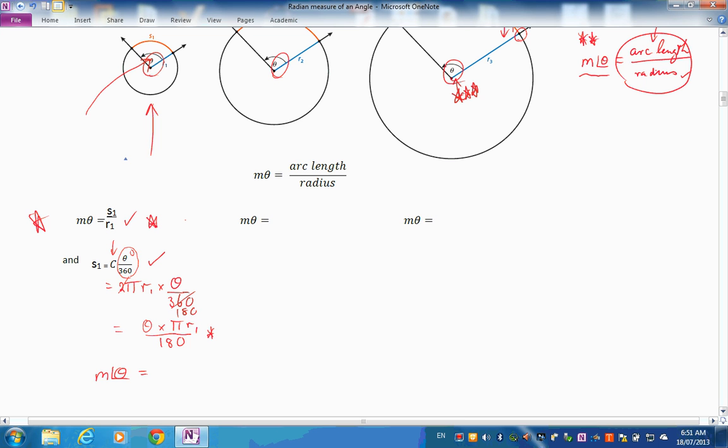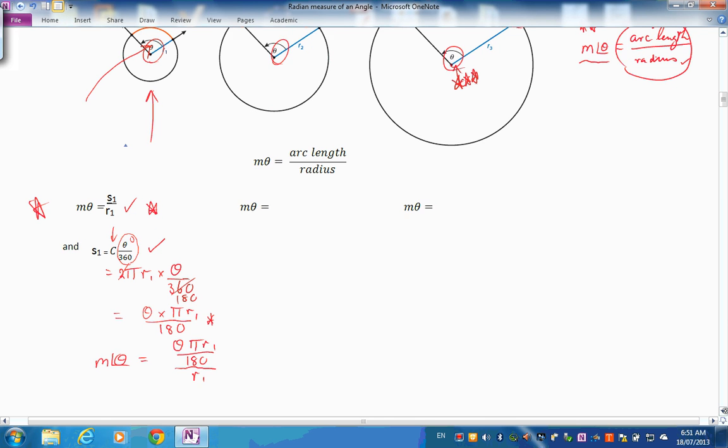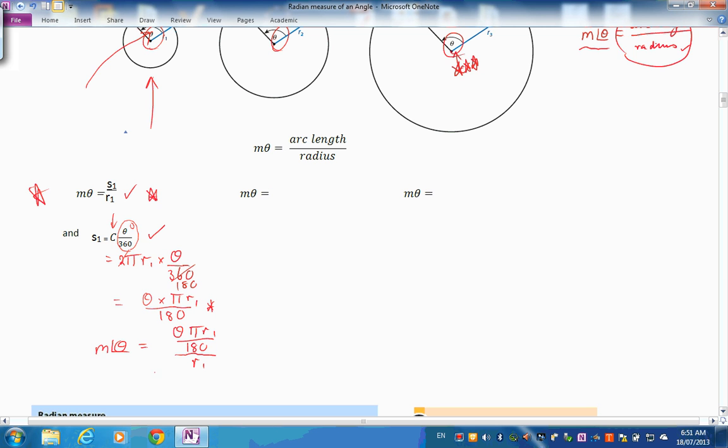All right, here we are. I'm going to go on with it now. So it's S1, which is this thing, over 180 divided by R1. We've got a little bit more room down here. And so it comes to, well, what's this going to be?